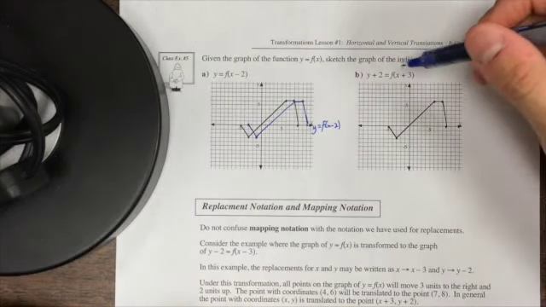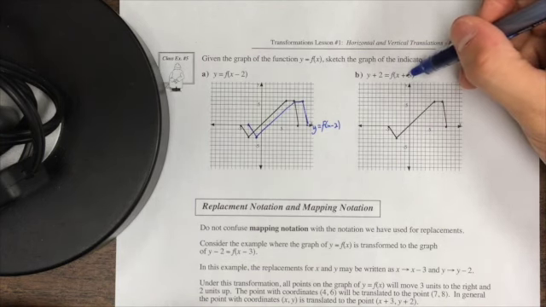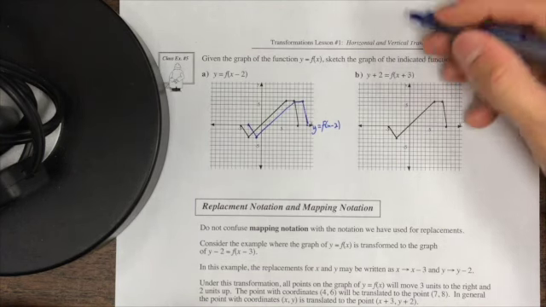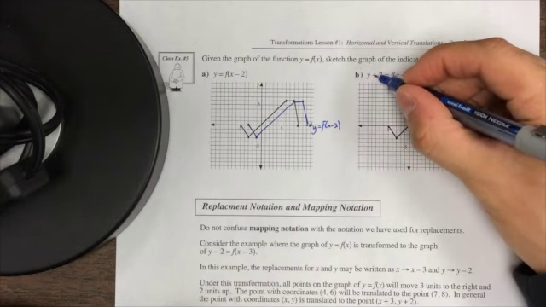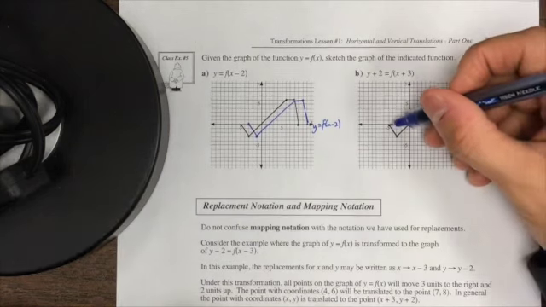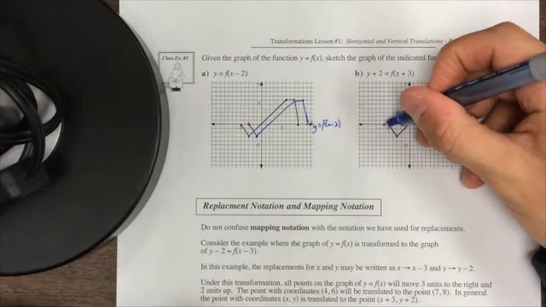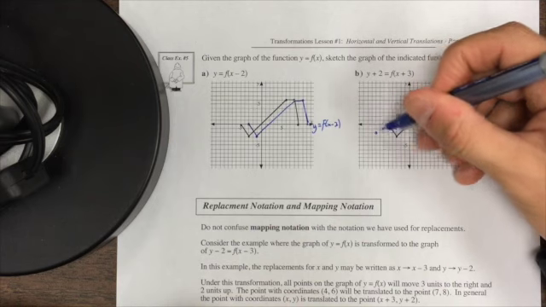Now, for my other function, if I have a graph that says x plus 3, remember this is going the opposite direction. This is going left. It's going to go left 3 and then down 2. If y plus 2, it's going to go down 2. So at this point, we're going 1, 2, 3, down 2.